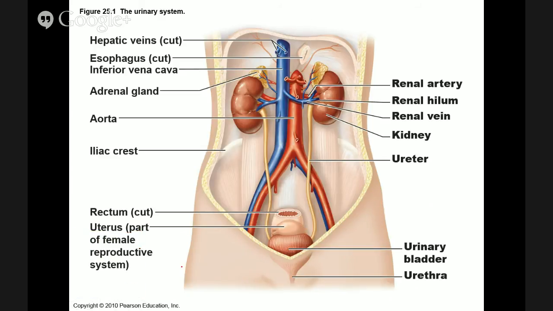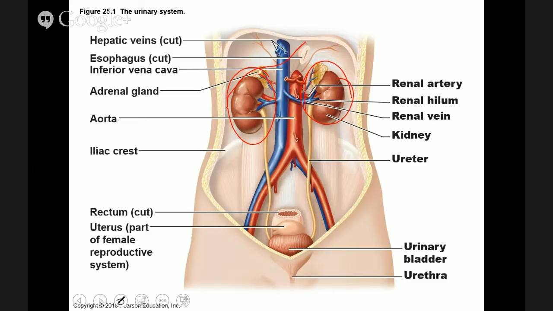So it all starts here with the kidneys. You can see that the right kidney is slightly lower than the left kidney. That's because we have the liver here. So we're competing for space. So in most of us, if not all of us, the right kidney is just a little bit lower. The job of the kidney is to filter the blood, filter out the wastes.